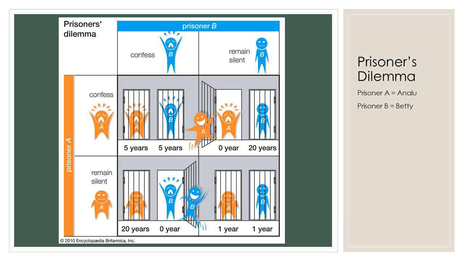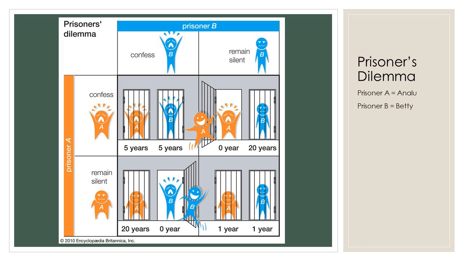Imagine a scenario in which two thieves, call them Analu and Betty, are caught and sent to separate detention cells. Being rational, Analu and Betty previously made a deal with each other. If they get caught, they'll each keep silent to thwart the police and protect themselves. Now that they have been captured, the police tell each one the same thing.